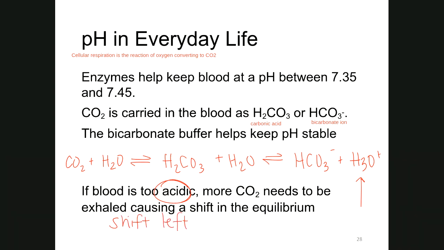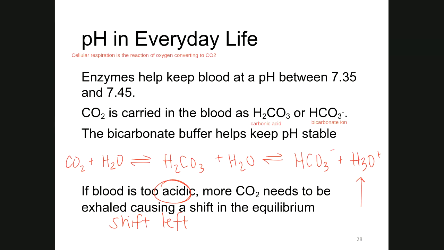We need to get rid of the carbon dioxide so that our hydronium can be converted back into carbon dioxide and we can lower its concentration a little bit. So this is, for instance, why when we're exercising, we're breathing more heavily. We have a lot of cellular respiration going on. We're making a lot of carbon dioxide. So we need to increase our breathing rate so that we are getting rid of that carbon dioxide that we're making so that our blood doesn't become too acidic.